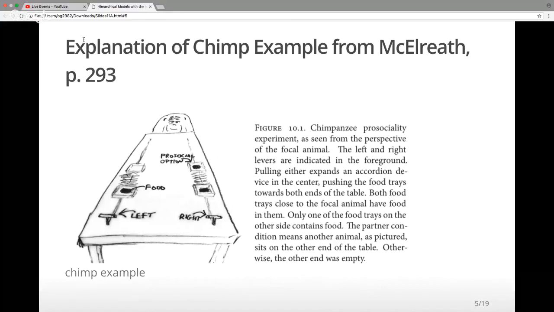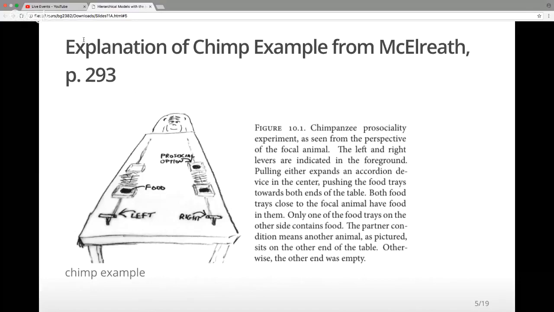In this way here, the one on the right has 2 boxes of food, and the one on the left has 1 box of food. And so the chimpanzee chooses to pull on either the left or the right, and that opens up the boxes, and there's a spring here. It sends 1 box of food to the chimpanzee at the other side of the table, and then 1 box of food this way.